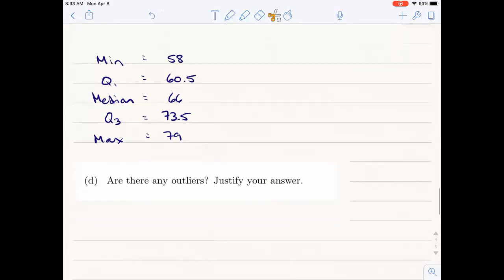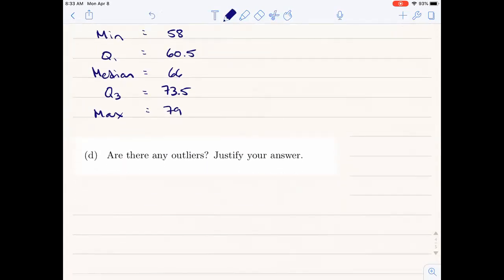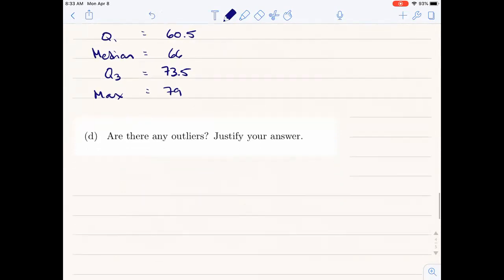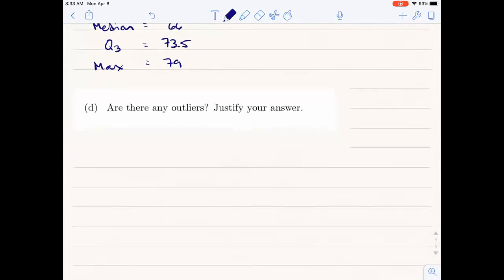Part D. Are there any outliers? Justify your answer. For outliers, we have to find the lower bound and the upper bound. The lower bound is your first quartile, and from there you go down 1.5 times the interquartile range.